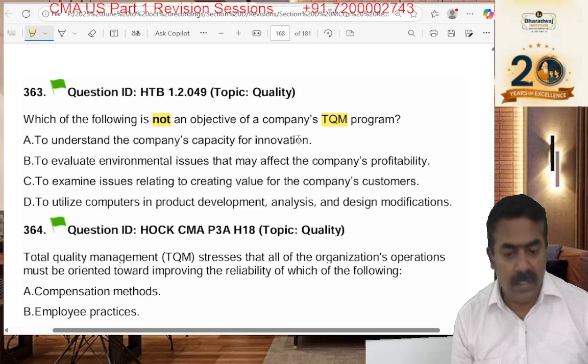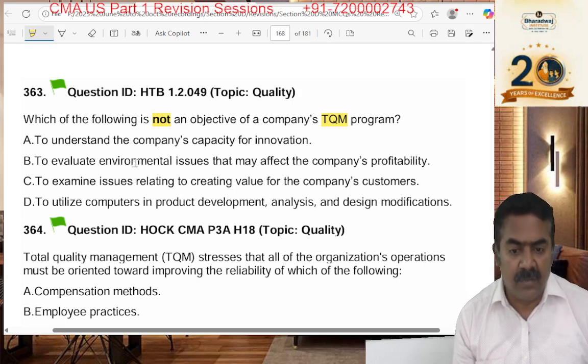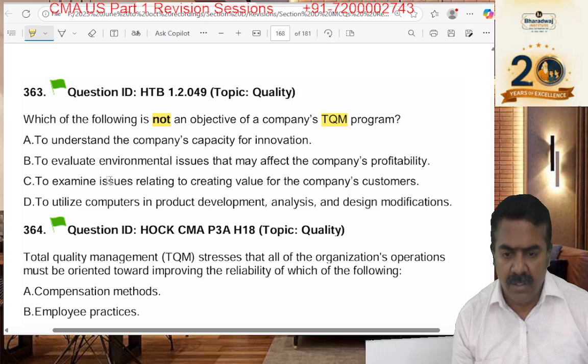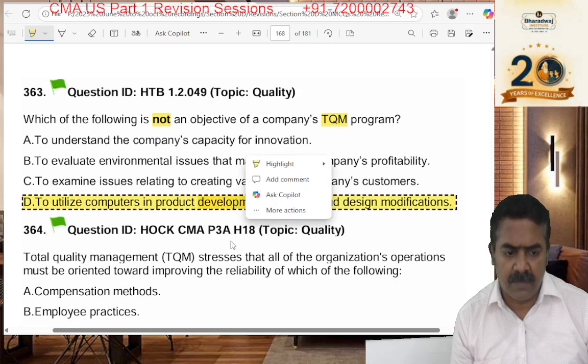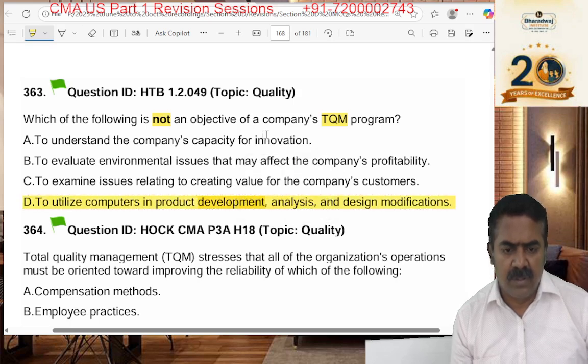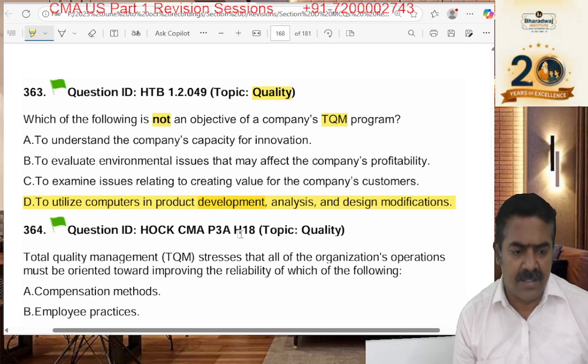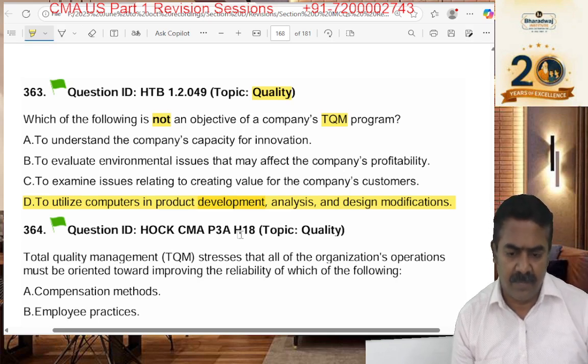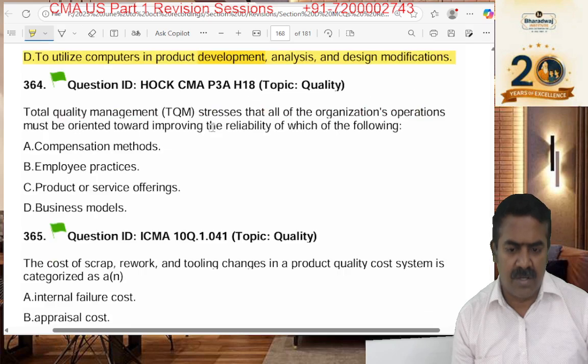You want to utilize capacity for innovation, evaluate environmental issues, examine issues relating to creating value, then utilize computers for product development analysis. No such things. Nowhere is it said that to maintain quality, use computers for product development, design analysis and modification.